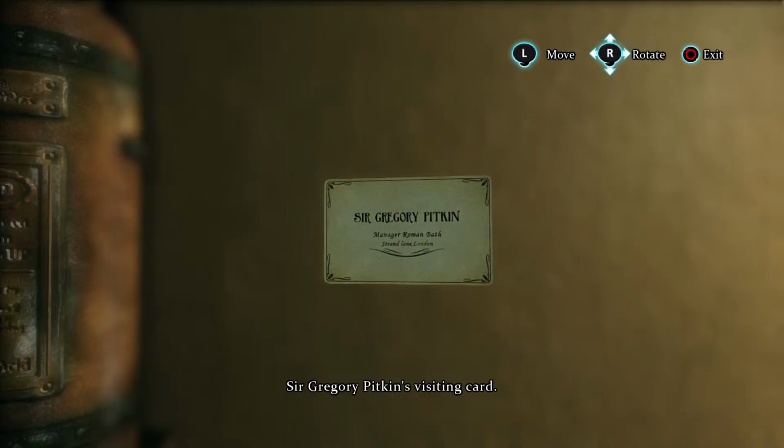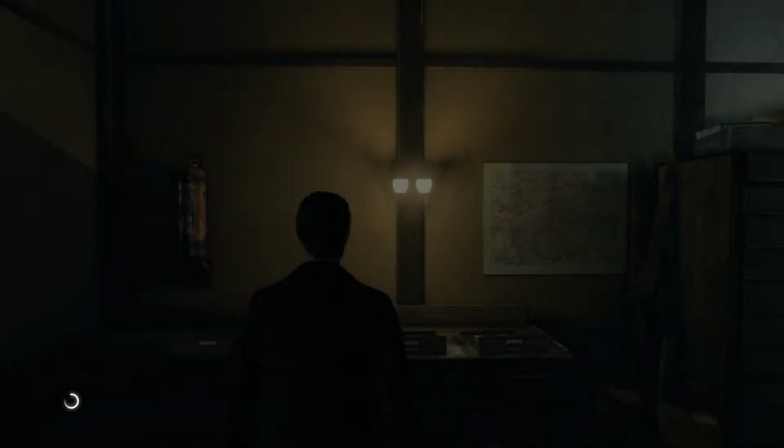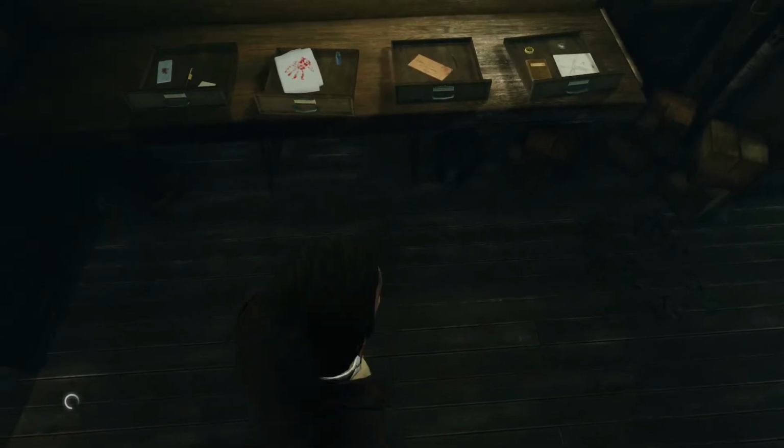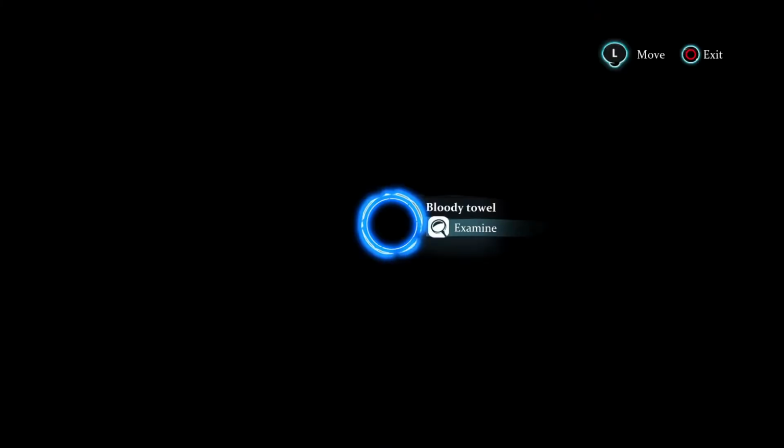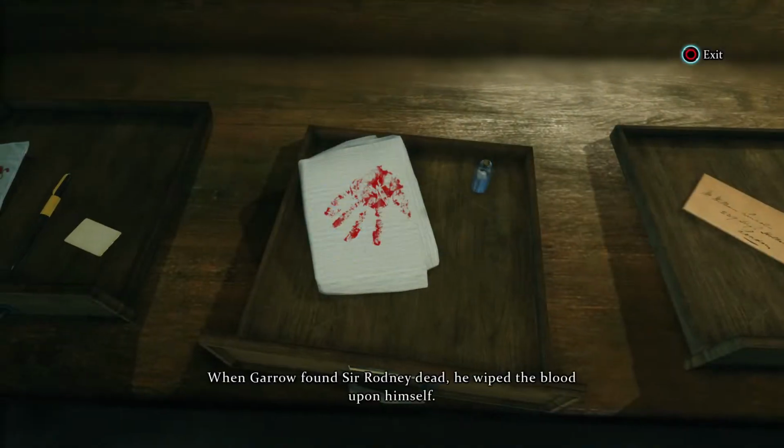Sir Gregory Pitkin's visiting card. When Garrow found Sir Rodney dead, he wiped the blood upon himself.